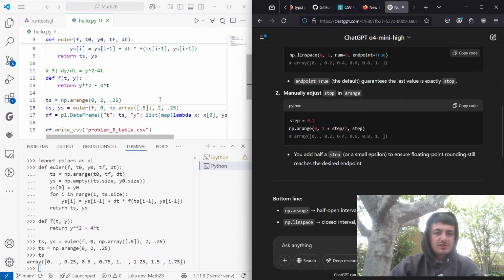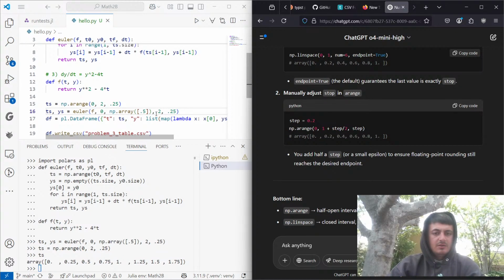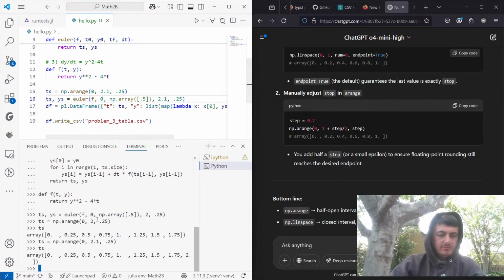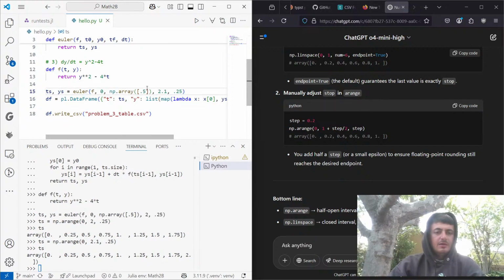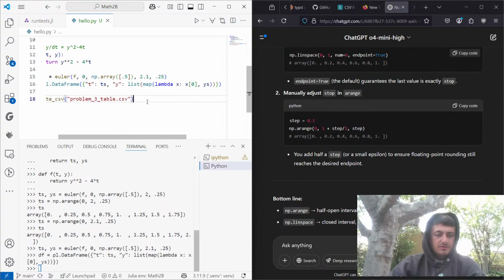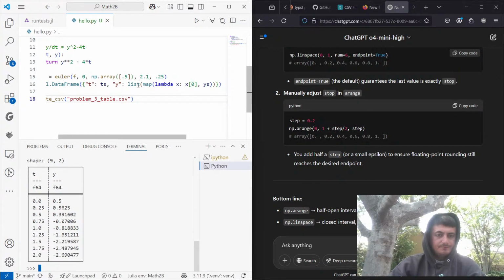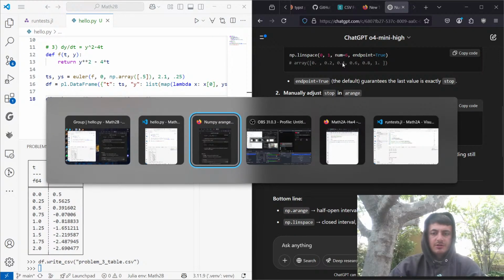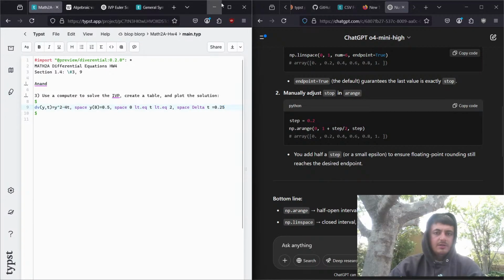Yeah, so let's just do this. So if I do 0.2, 1, and I put TS. Okay, great. So that's what I need. Okay, and now I should be able to go to my document here.